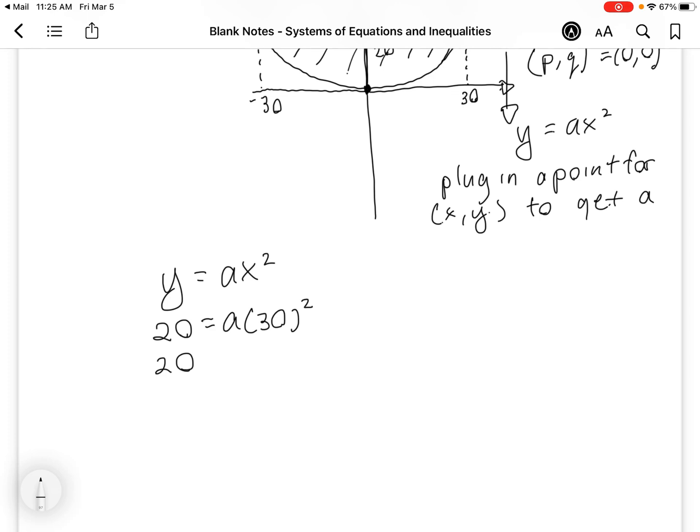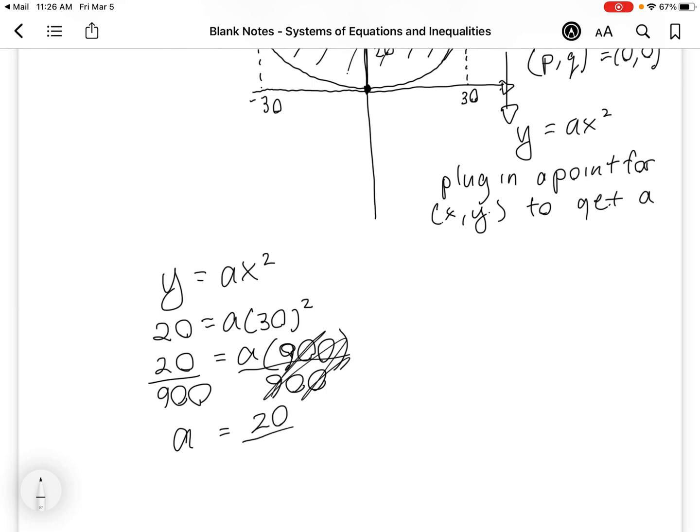So that's going to become 20 equals a times 900. Or a, if we divide both sides by 900, a equals 20 over 900, which reduces to 1 over 45.